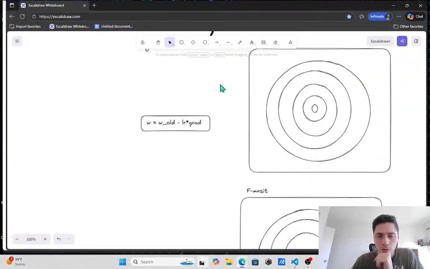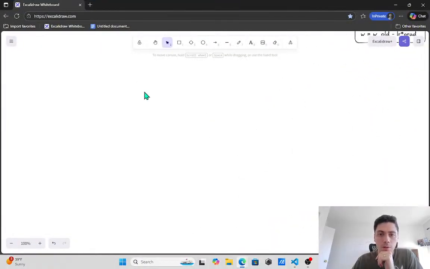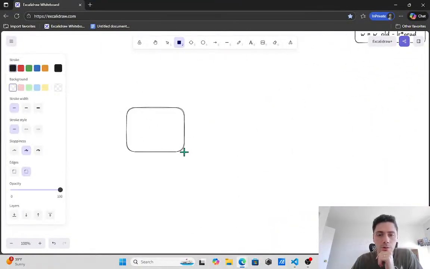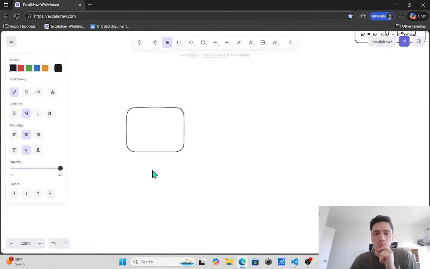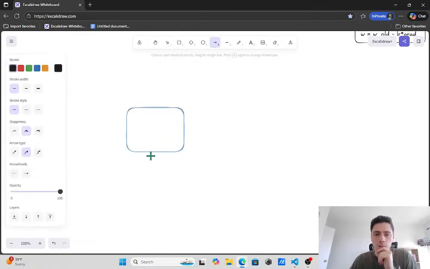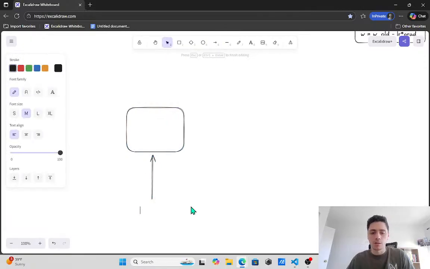Let's draw an LSTM. Draw the current neural network. So we have, I guess, the current gradients into the model.